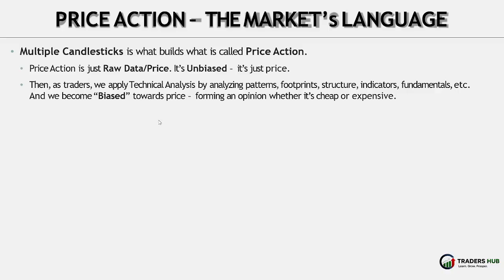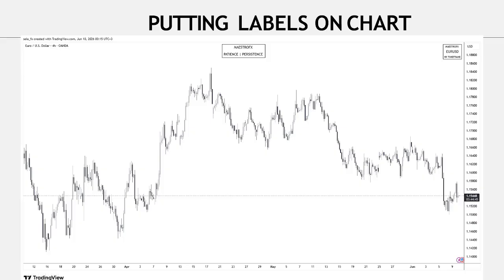Then as traders, we apply technical analysis by analyzing patterns, footprints, structures, indicators, fundamentals, and so on. And we become biased towards a certain direction, be it bearish or bullish, by forming an opinion whether the price is expensive or cheap. When it is expensive, we look to sell, and when it is cheap, we look to long the markets.